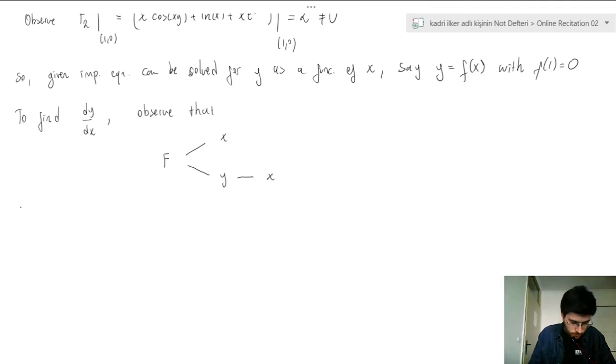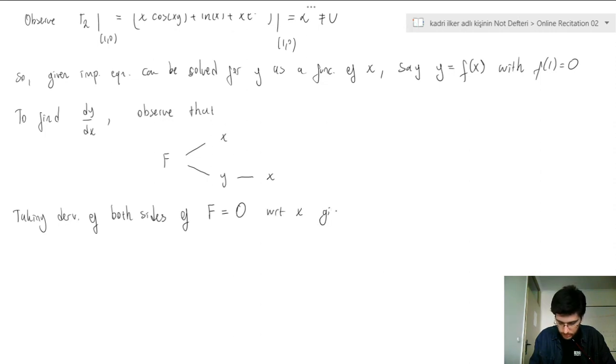So taking derivatives of both sides of this equation with respect to x gives the following, from the chain rule: differentiate f with respect to the first variable, plus differentiate f with respect to the second variable times the derivative of y with respect to x. And this is 0.